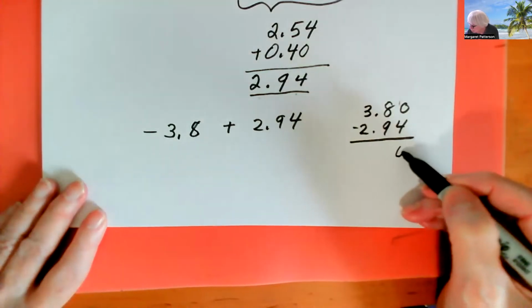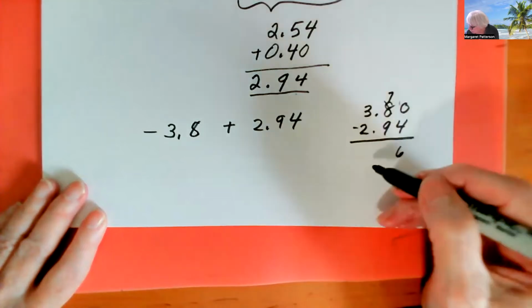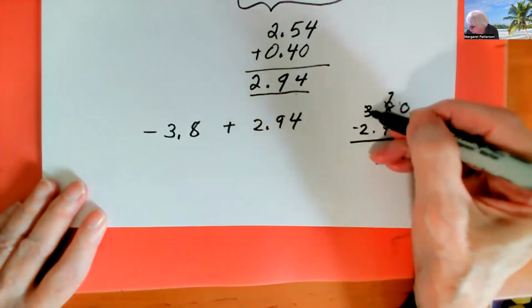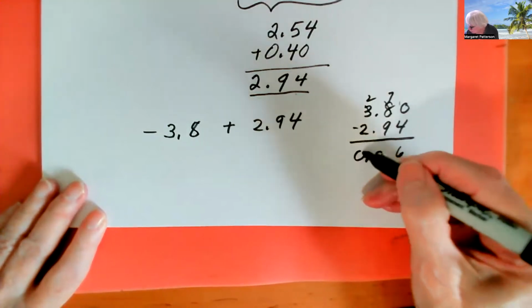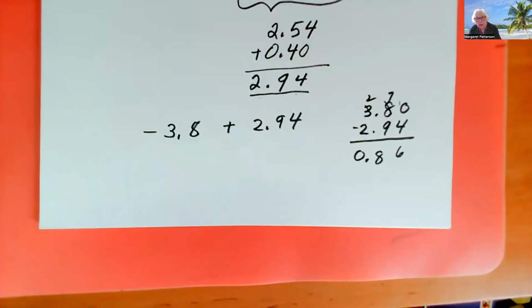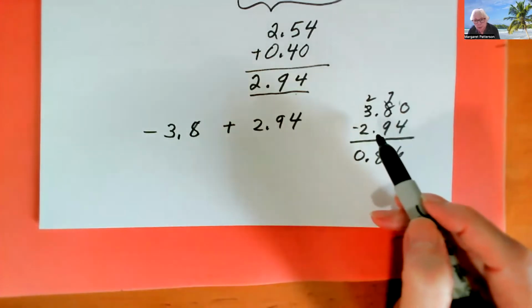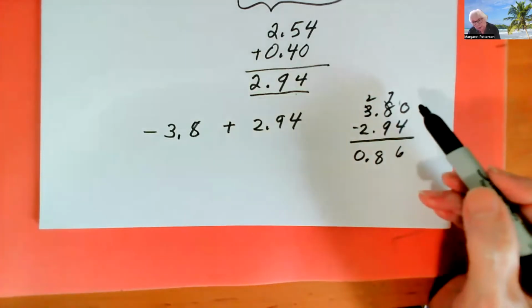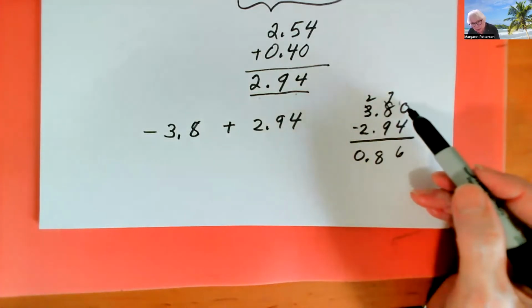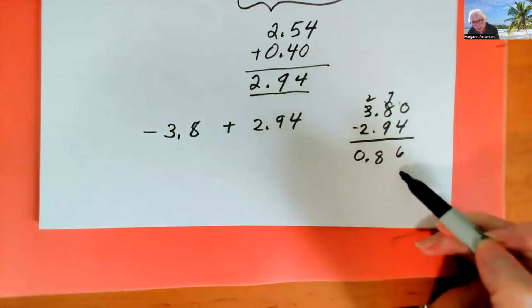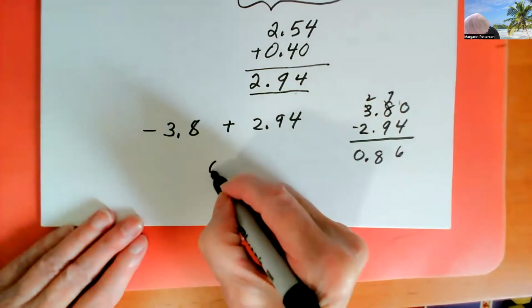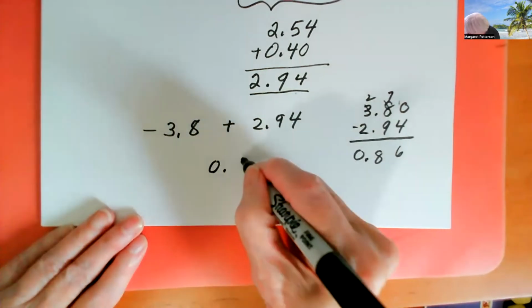This would be a 6. We would borrow. This would be an 8. So when you subtract 3.8, 3 and 8/10, and 2.94, putting the larger number on top, even though it was negative, so that you can subtract properly, the answer came out 0.86.